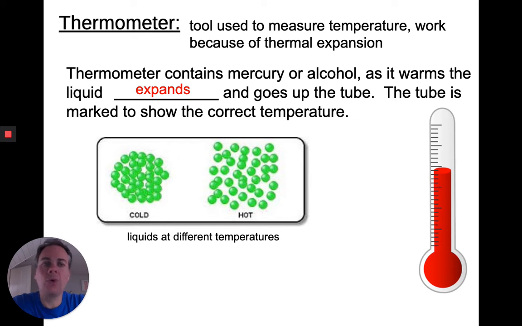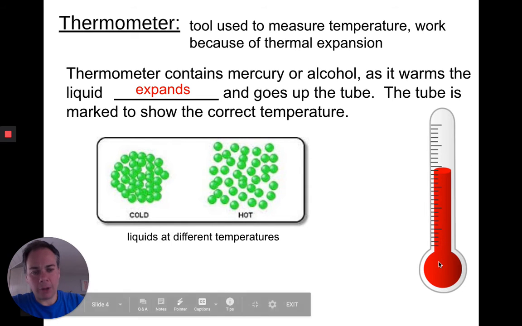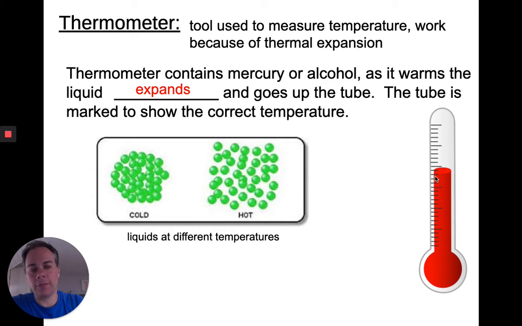If we were in school, we would do several labs in which you're measuring the temperature of a substance using a thermometer, but we don't have that right now. So inside the bulb, there's this liquid, and as it heats, it expands and rises up the thermometer, and the markings have the equivalent temperature.